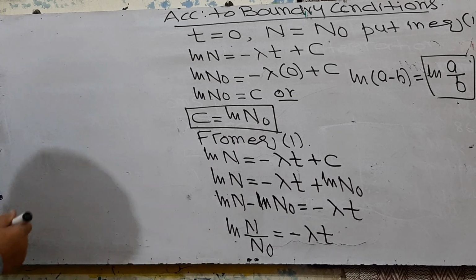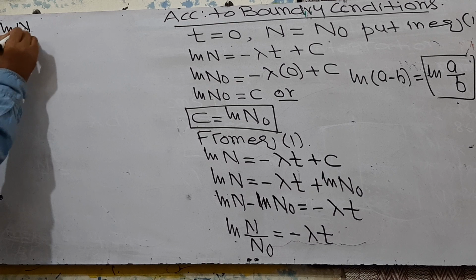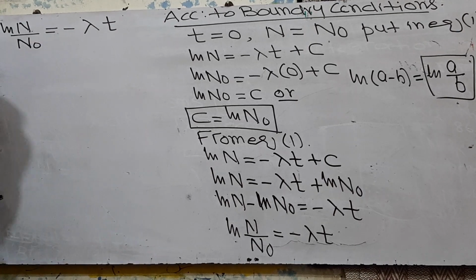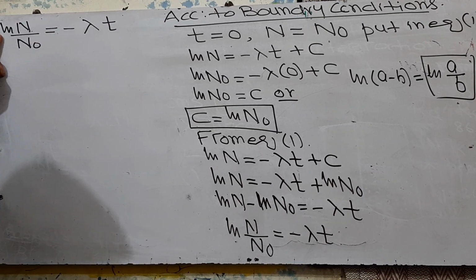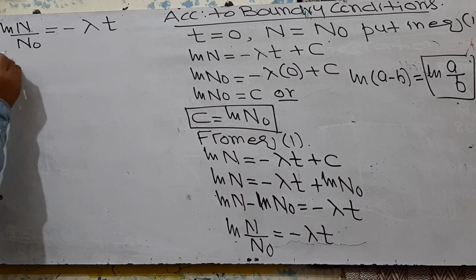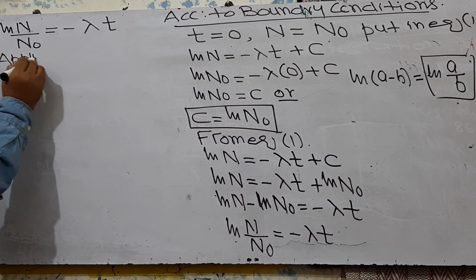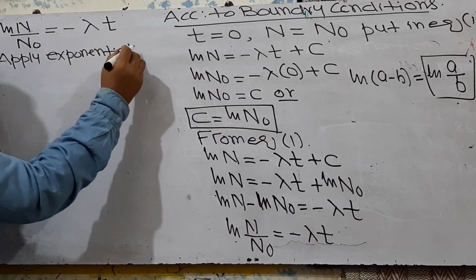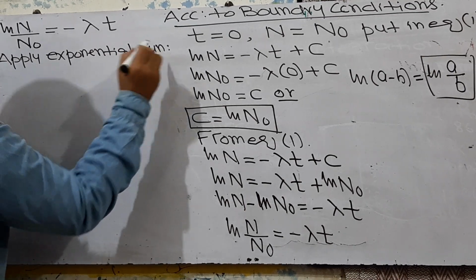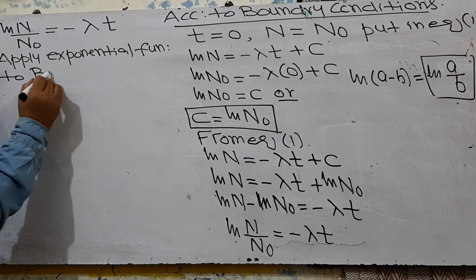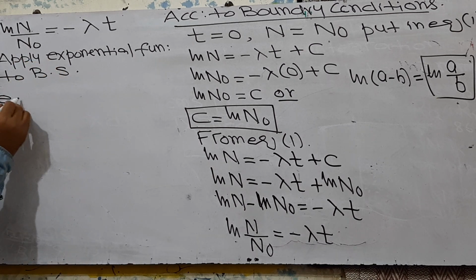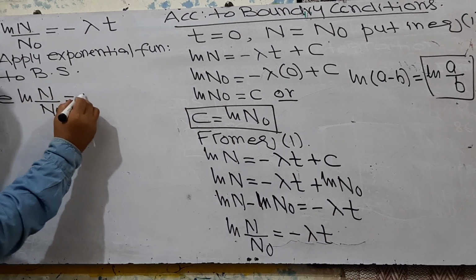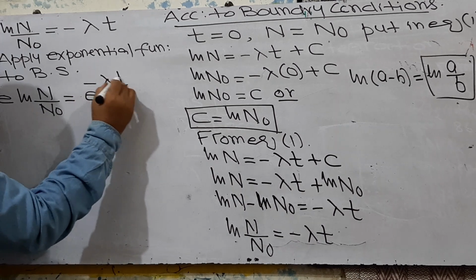So we start from here. Log N upon N naught is equal to minus lambda t. To eliminate the log, we apply the exponential function to both sides. So e to the power log N upon N naught is equal to the exponential of minus lambda t.